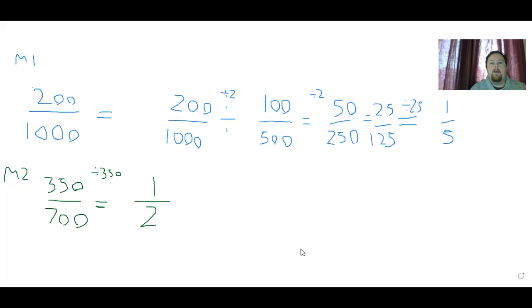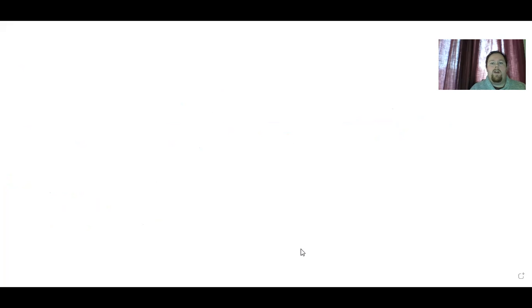Here on my whiteboard now, an improper fraction is where we get a fraction where the top number is bigger than the bottom. For example, we might have something like 7 over 3. And normally we'd be like, that doesn't make sense. How can you have 7/3?